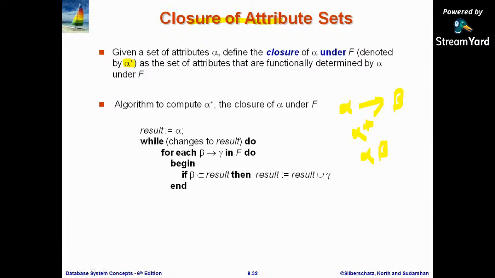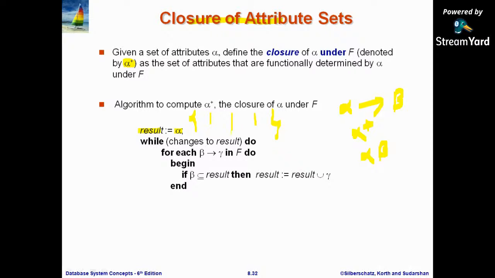To calculate the alpha plus, you first create a temporary variable result and initialize it with alpha. Whatever functional dependencies are present in F, you have to process all of them, one by one.